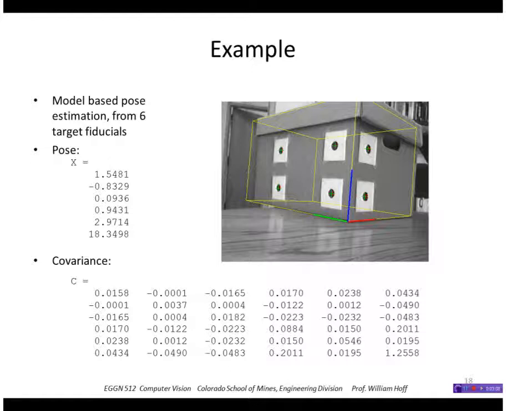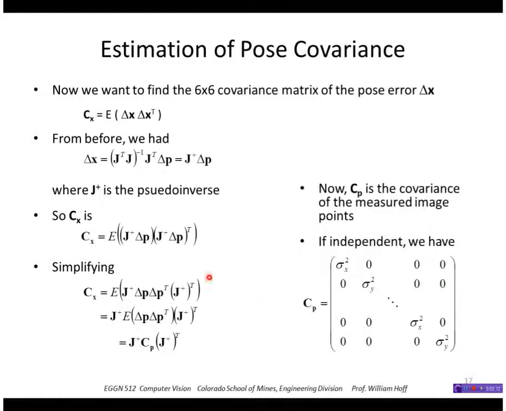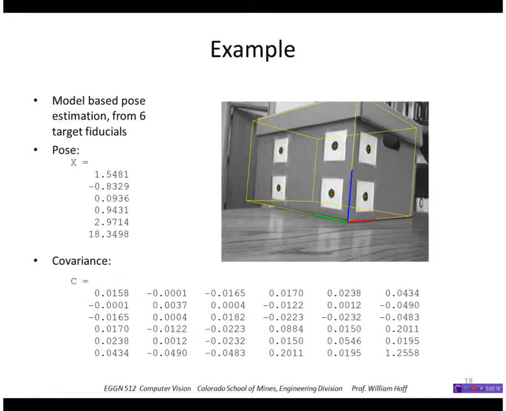So here's an example of calculating this, let me back up here, just using this equation right here on the program that found the pose of the box using iterative least squares. The derived pose of the box was given by this. The first 3 elements are the angles in radians, and the last 3 are the translation in inches.